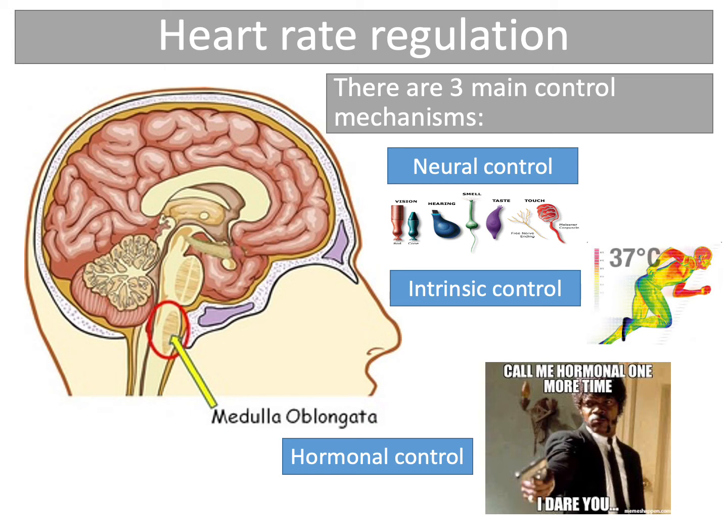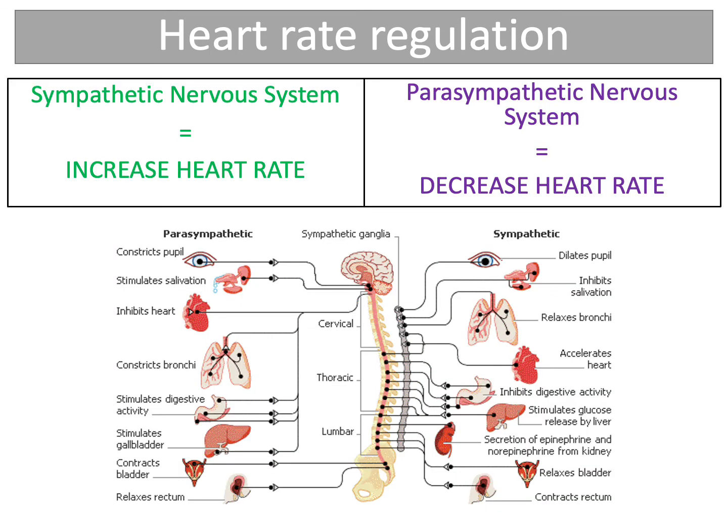So now we need to look at what and how it happens. Does the heart rate increase or does the heart rate decrease? We've now had our three areas that our CCC gets information from and can control, but now we need to know what the decision is from the CCC to send to the SA node.